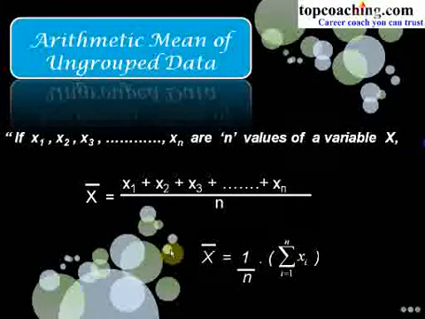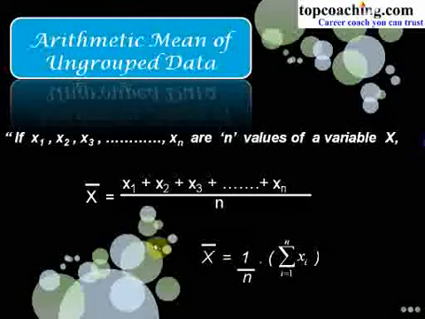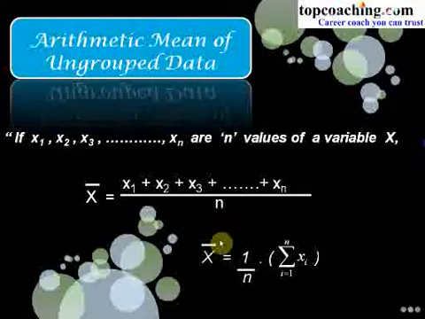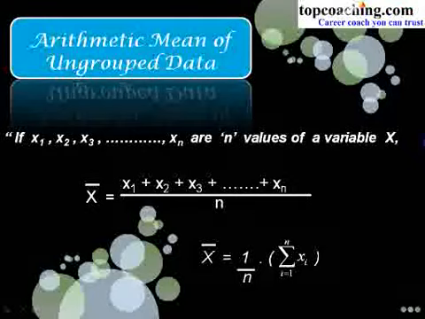In other words, the arithmetic mean of a set of observations is equal to their sum divided by the total number of observations. Here we have total observations from 1 to n, so we take the value n.